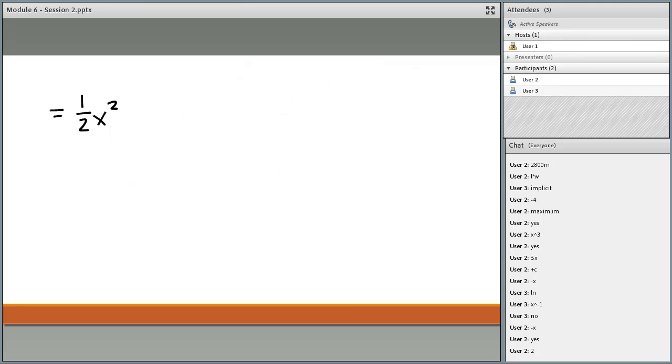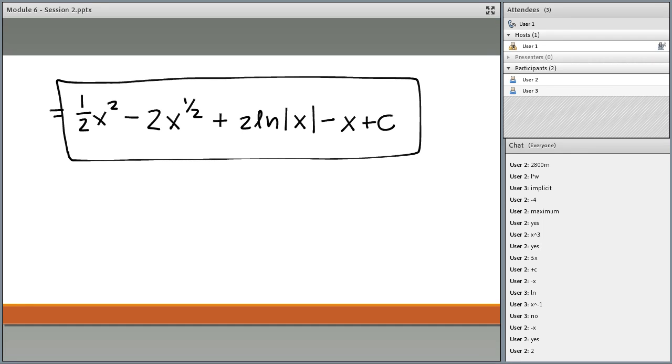You could also switch it to a square root if you wanted to, but you don't need to. So I have 1/2 x squared minus 2 from the 1 over 1/2 x to the 1/2 plus 2 natural log absolute value of x minus x plus a constant. And if I take the derivative of this, the function that after we simplified, we had x minus x to the negative 1/2 plus 2 over x minus 1.